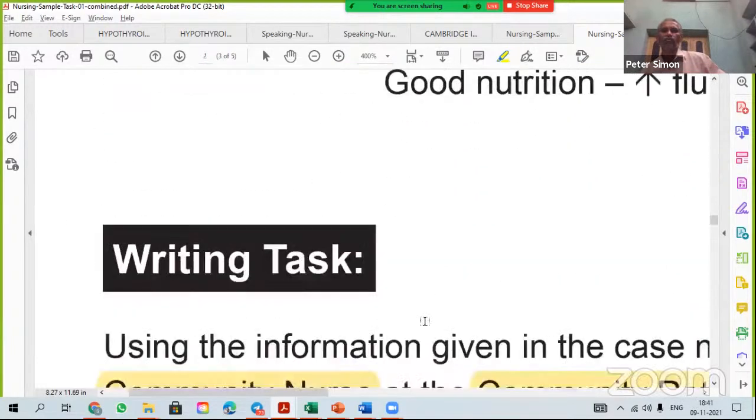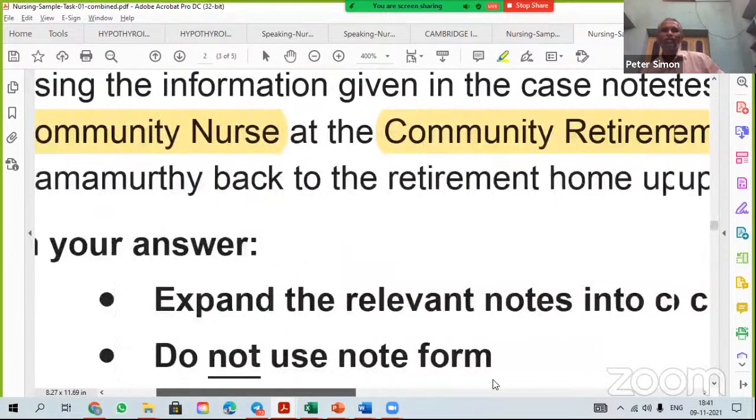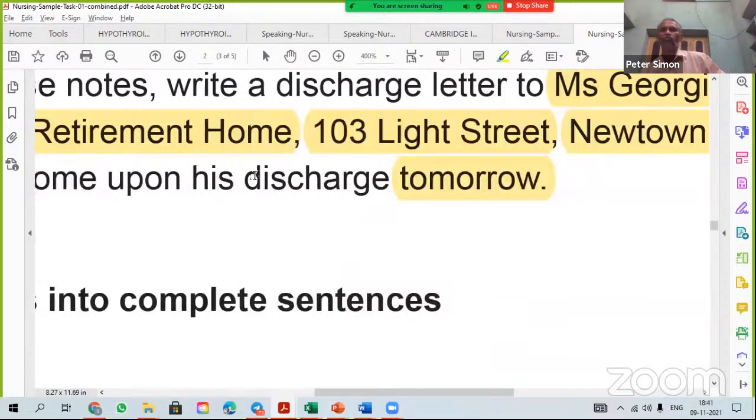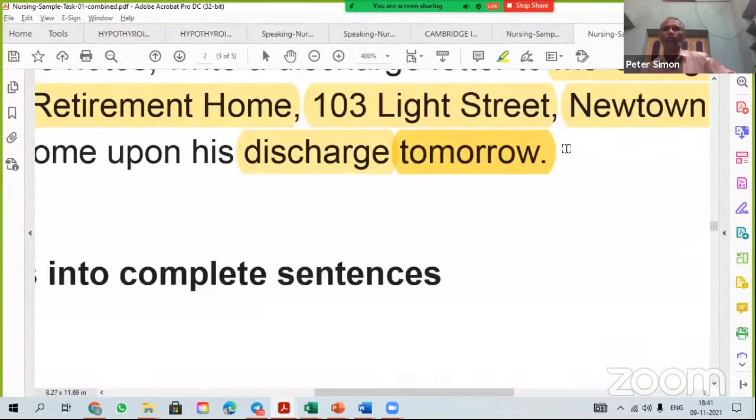Upon his discharge tomorrow. So tomorrow is the discharge. Discharge is tomorrow, so automatically today's date will be 10th February. Sorry, 10th. So be very careful. What do you mean by discharge tomorrow?